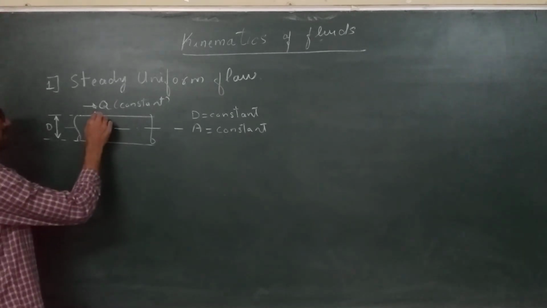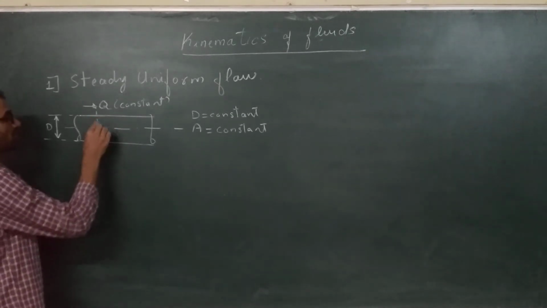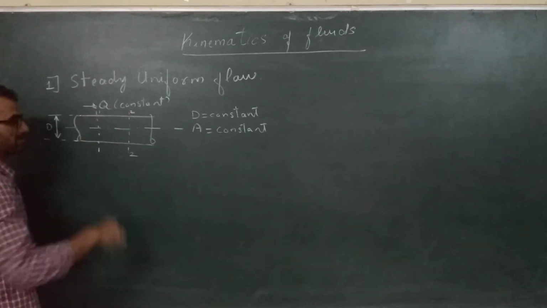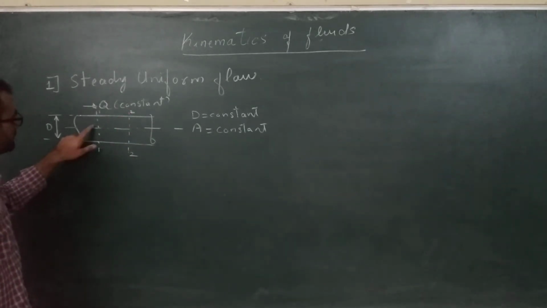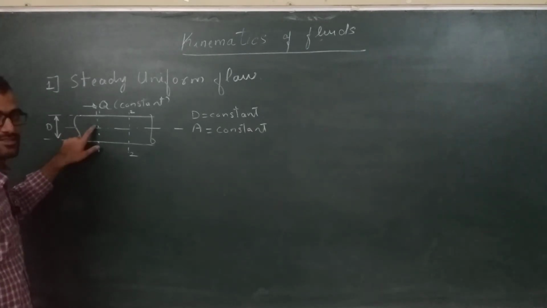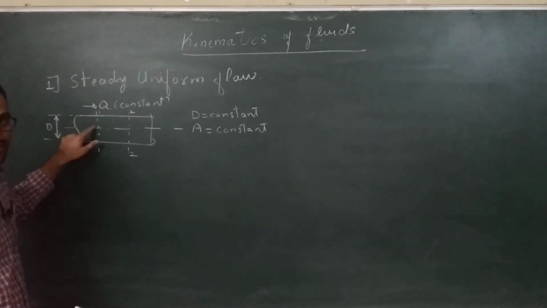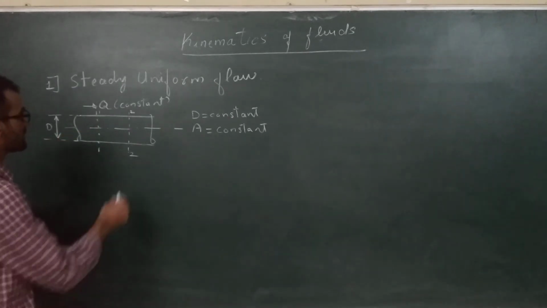If you take any location, let us say 1-1 or 2-2, at any location, does the velocity change with time? No. Why? Because Q is constant.